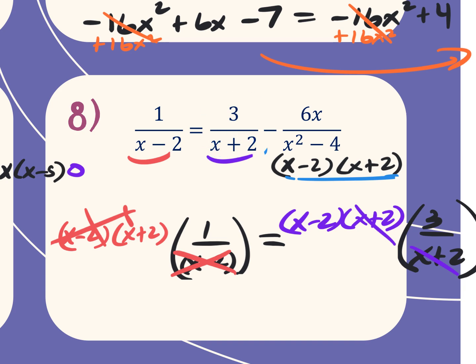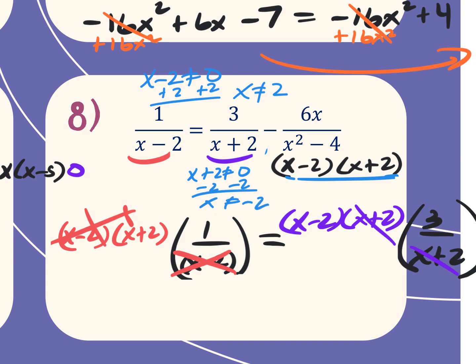Now, you could have done the thing at the beginning where you set each of the denominators not equal to 0. You would have gotten x cannot equal positive 2, and solving this one, x cannot equal negative 2, which is what we got, so that's why this answer is no solution.